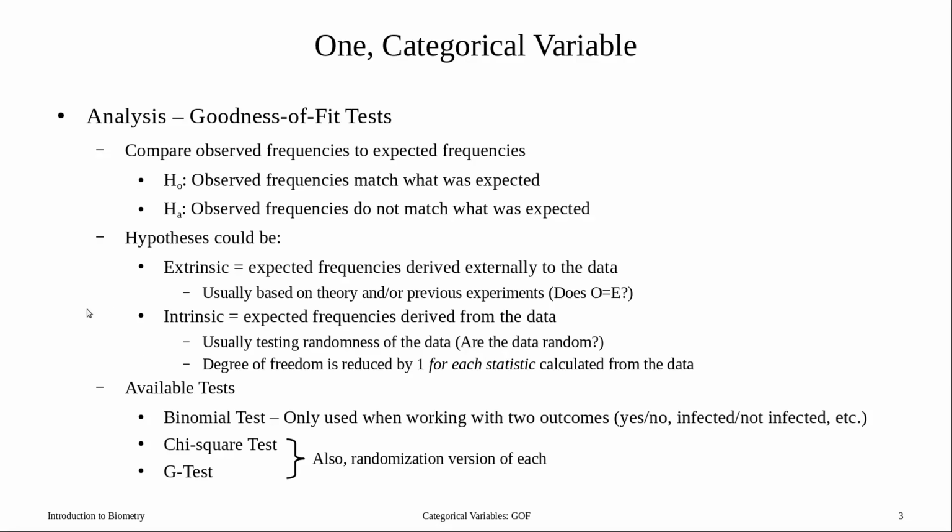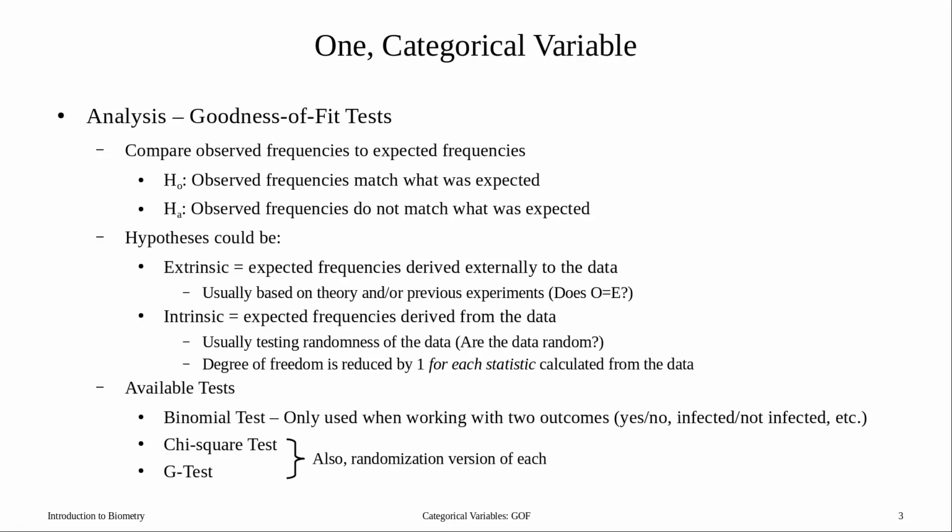Of our goodness of fit tests, regardless of the hypothesis, we've got three main tests that we're going to be introduced to. We have a binomial test, we have a chi-square test, and we have a g-test. The binomial test is only going to be used when we have dichotomous data. So, yes or no outcomes, infected, not infected outcomes, male, female, and so forth.